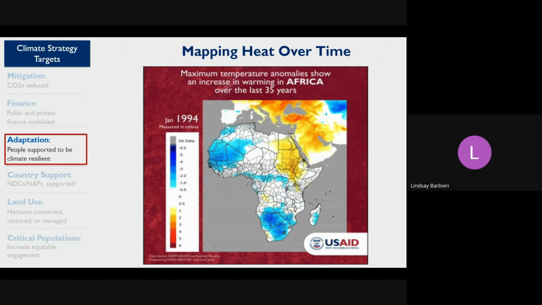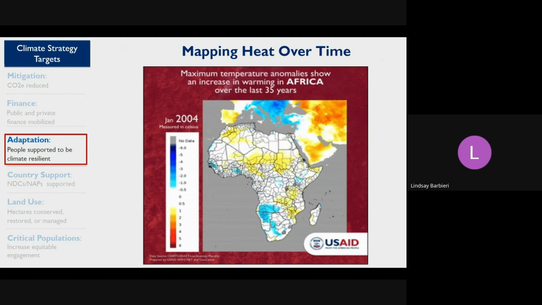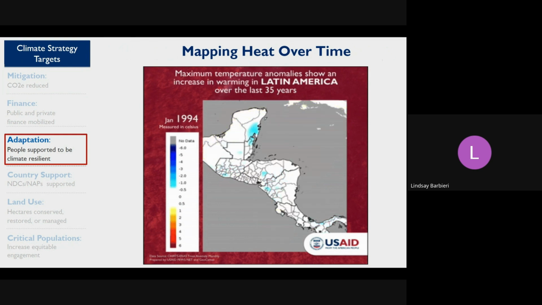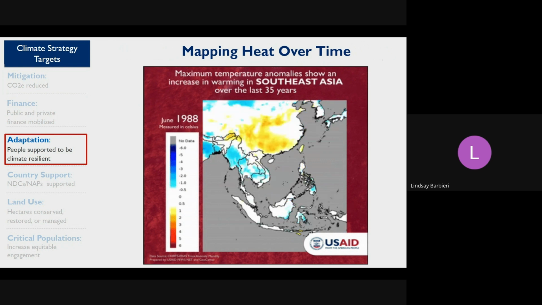This shows periods over the last 35 years for different regions around the world where we work, and shows exactly how the temperature anomalies and heat have increased over time. And this is a good contextual piece of information.